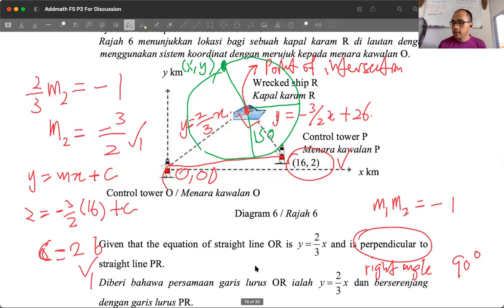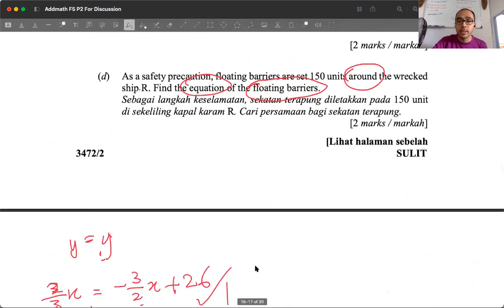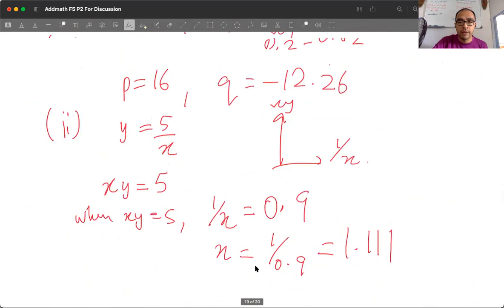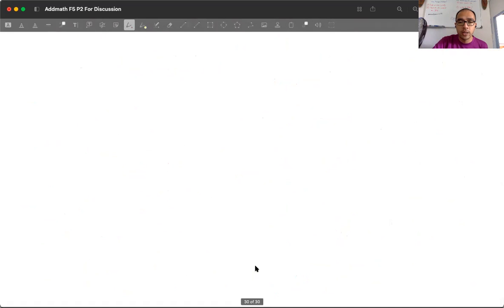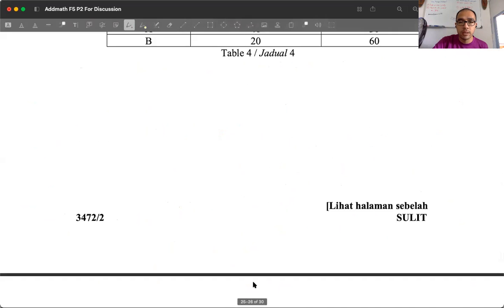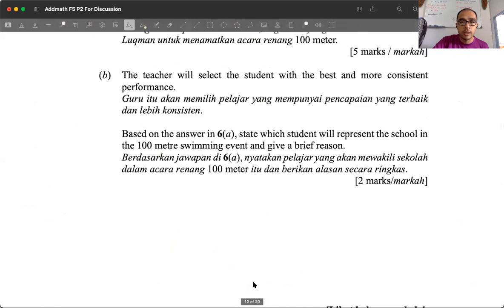Okay, let's do the next question, which is the circle question. Circle question is question number 11. Wow, remember our very nice looking graph. Question number 11. Wow, how come I jump to the last question? Let's see.